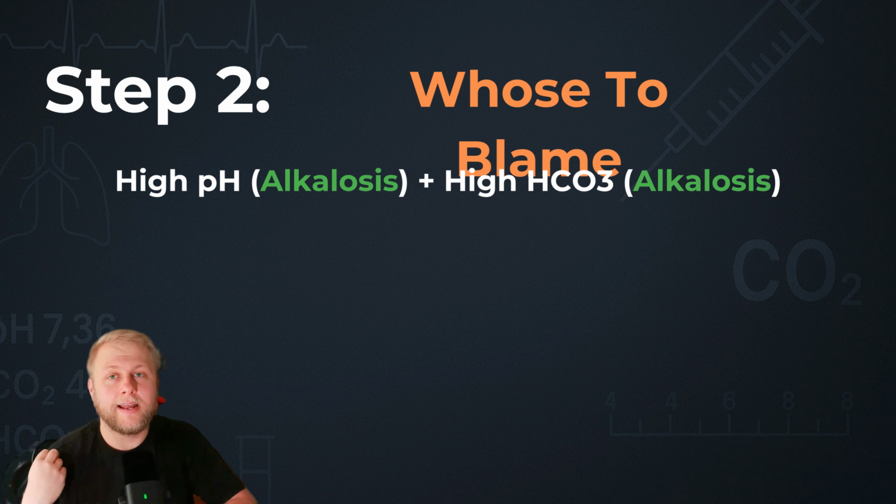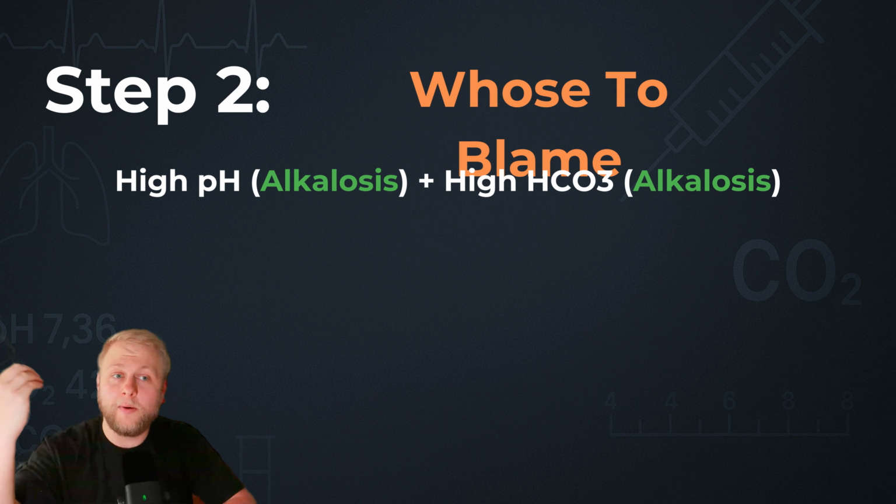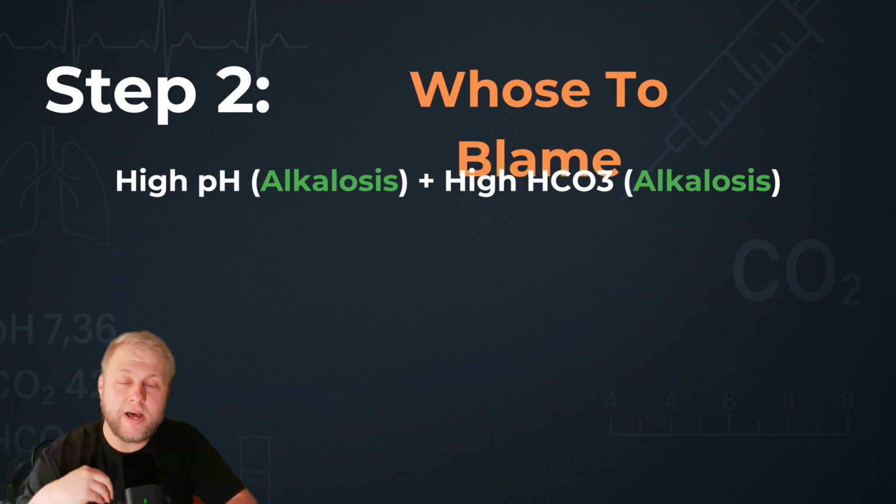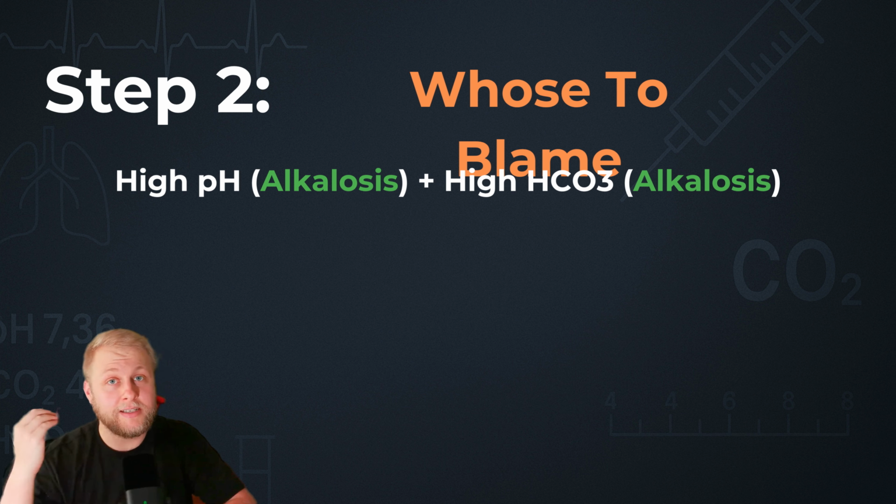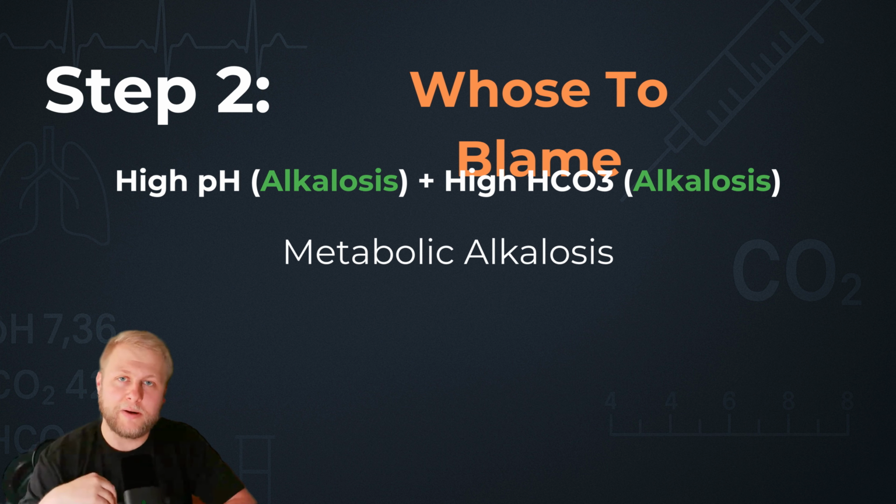What is that? That is alkalosis. Now, I also have a high bicarb. Remember, the more bicarb, the more basic. So, high bicarb, high pH, that is a metabolic problem. And a high pH means alkalosis. So, metabolic alkalosis. So, if your pH says acidosis, you got to ask yourself, which one is more acidic? Which one's higher towards the acidic side?